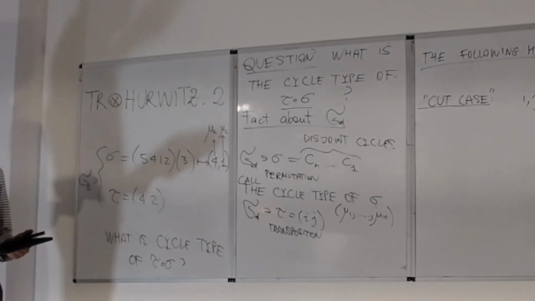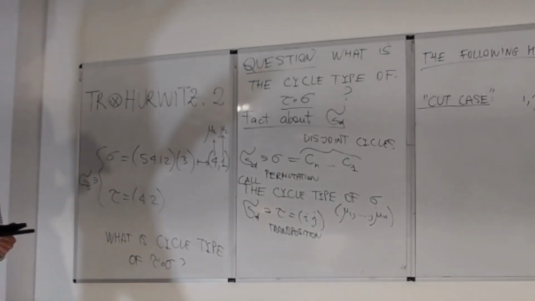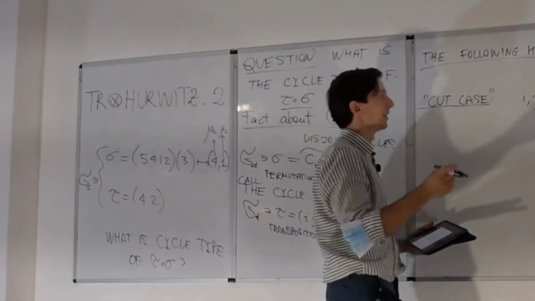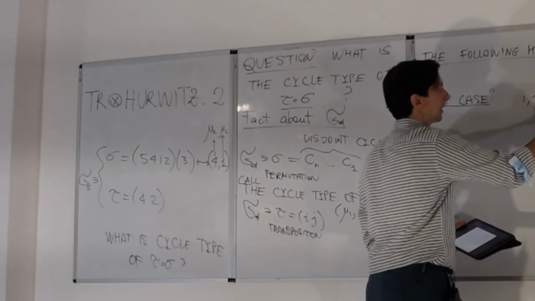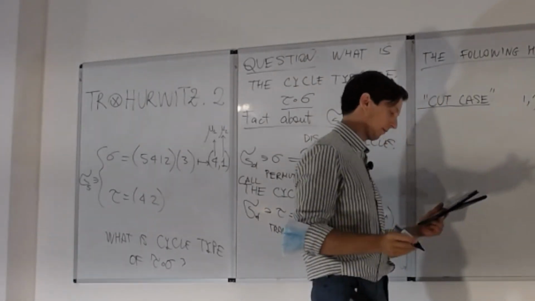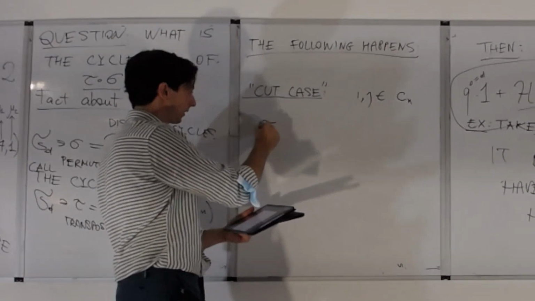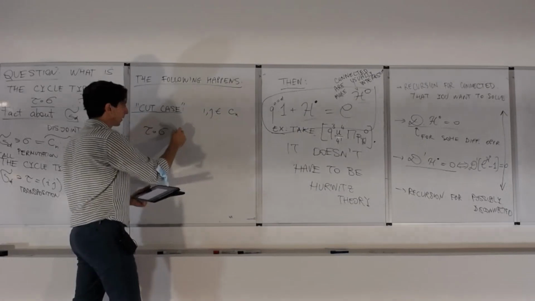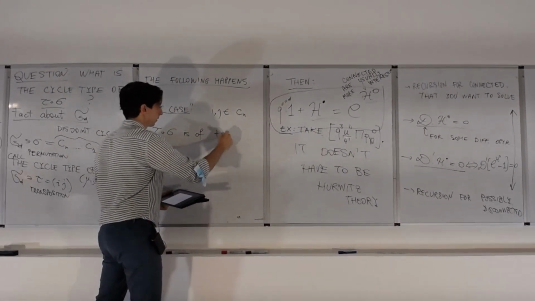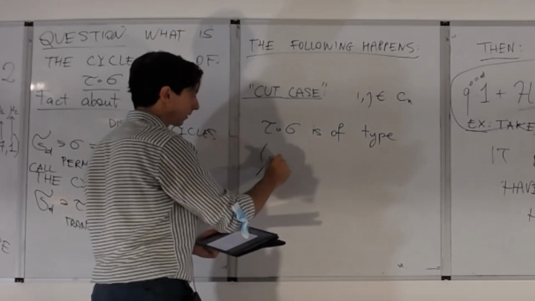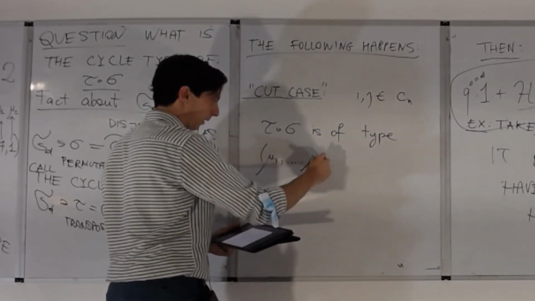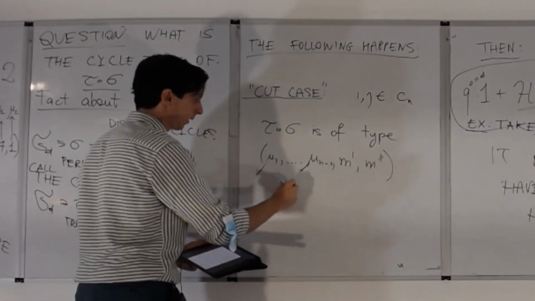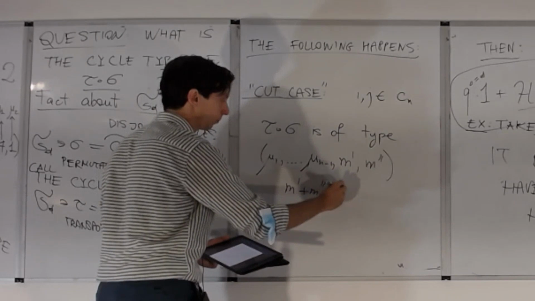Okay, so we have two cases, as Luca was suggesting. Either i and j belong to the same cycle C_n. Then tau with sigma is of type mu_1, up to mu_{n-1}, and then you have an m' and an m'' with the condition that m' plus m'' is equal to mu_n.